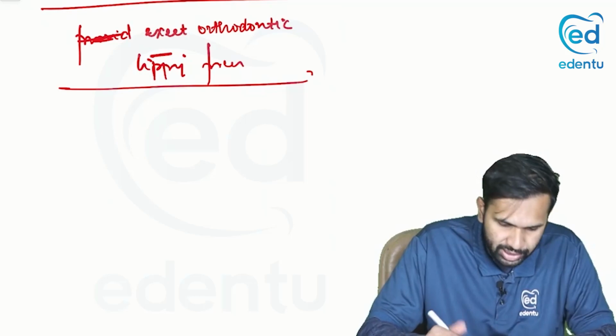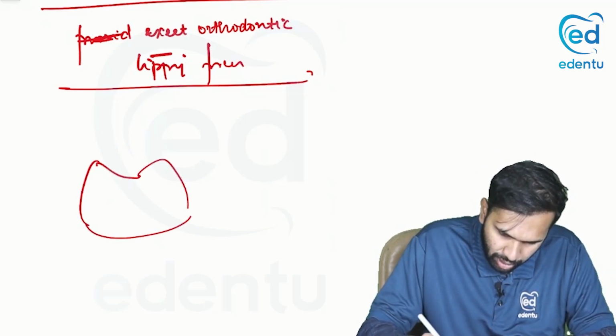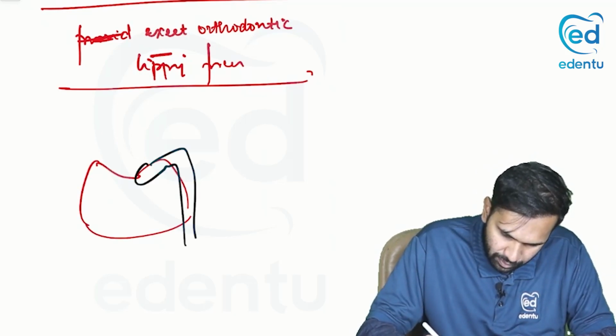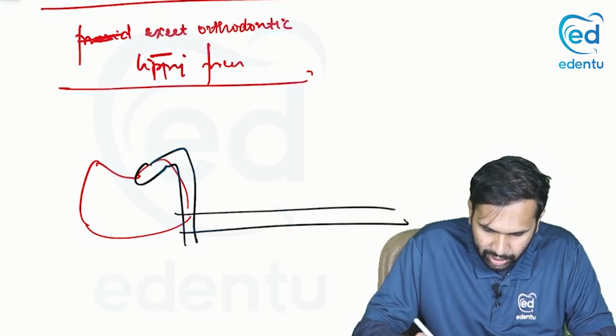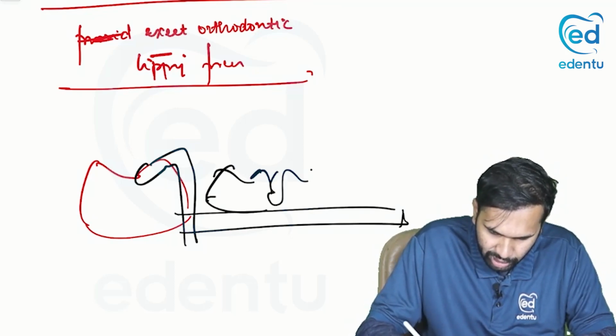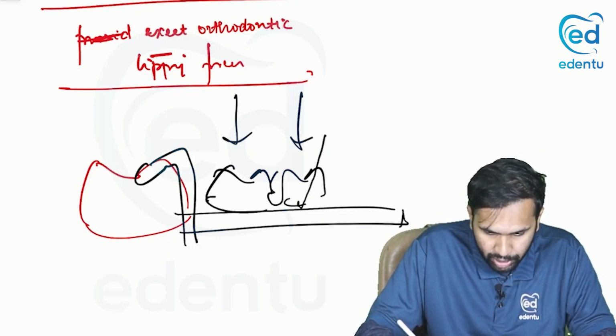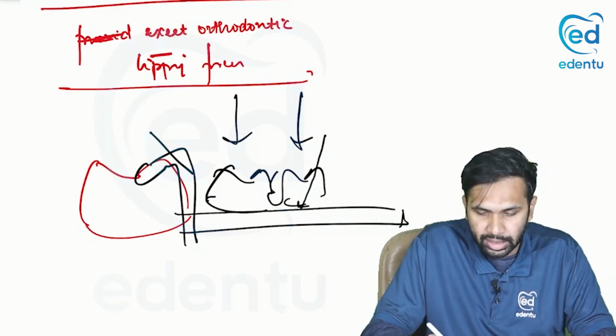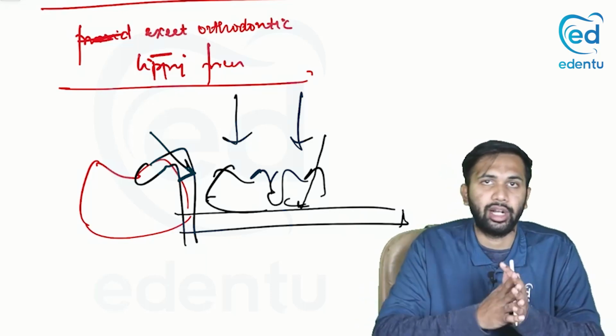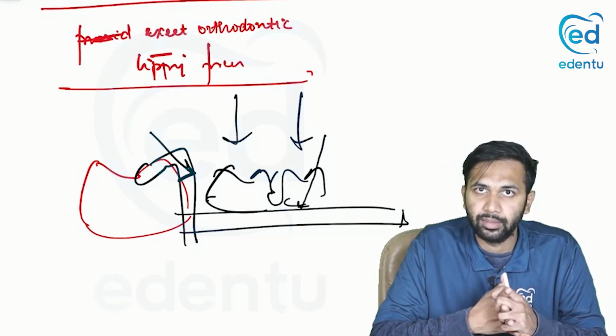Your rest is getting attached to your abutment teeth like this. Long span distal extension cases will be subjected to excessive maximum occlusal load. So if this part goes down a little bit, then this rest will exert tipping forces on your abutment. It can lead to failure of the tooth.